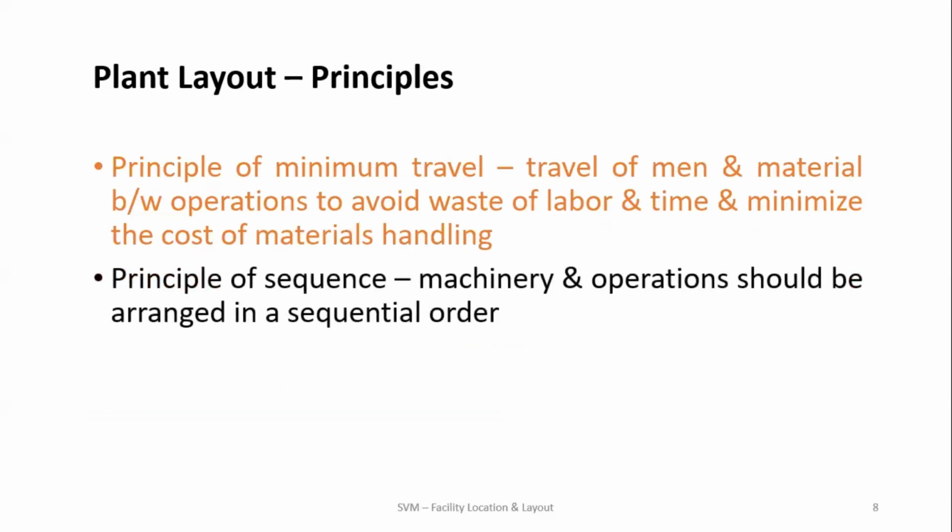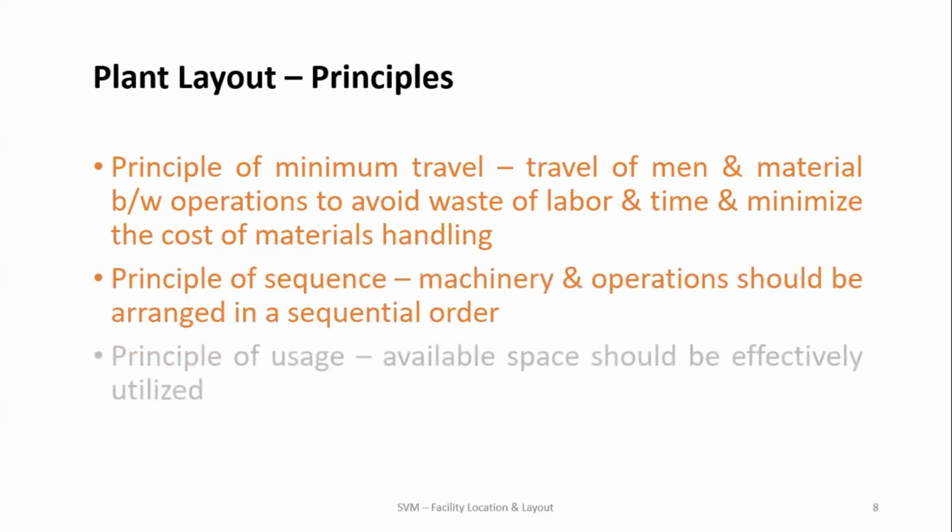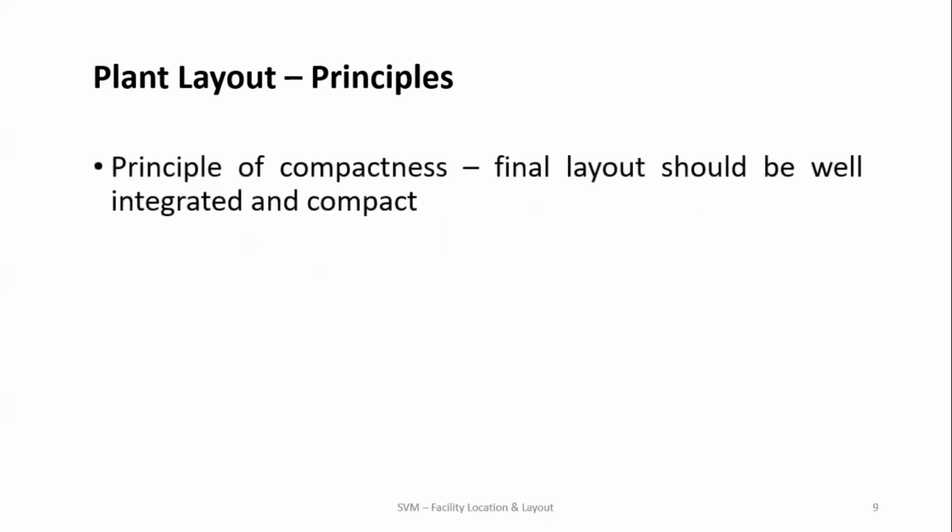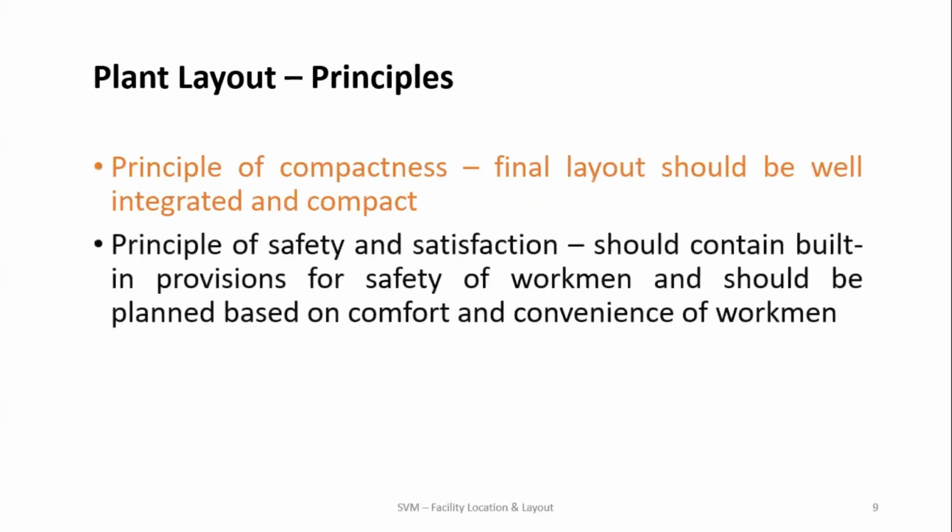Machinery and operations should be arranged in a sequential order so that there will be a smooth flow. Principle of usage. Available space should be effectively utilized. Principle of compactness. The final layout, whatever we finally create, should be well integrated and compact.